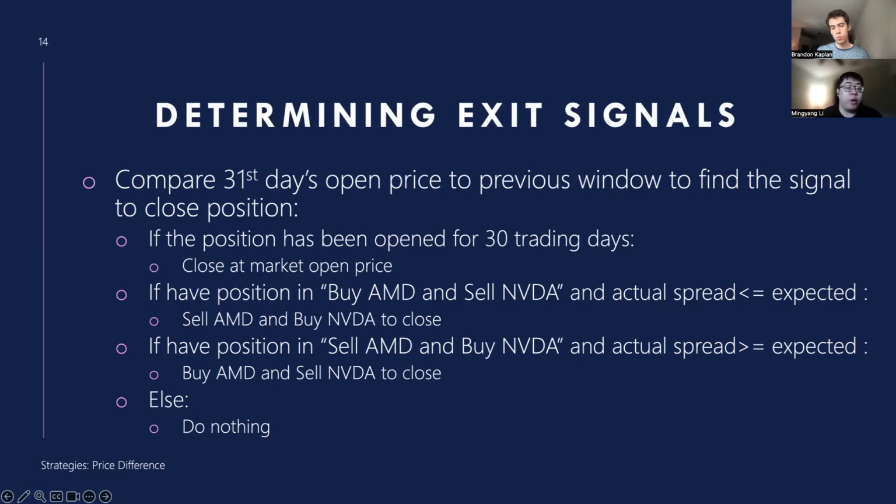Similarly, if we already have the position in sell AMD and buy NVIDIA, and the actual spread for that position is greater than or equal to the expected exit price spread, we will buy AMD and sell NVIDIA to close. If no criteria matches, we will do nothing.